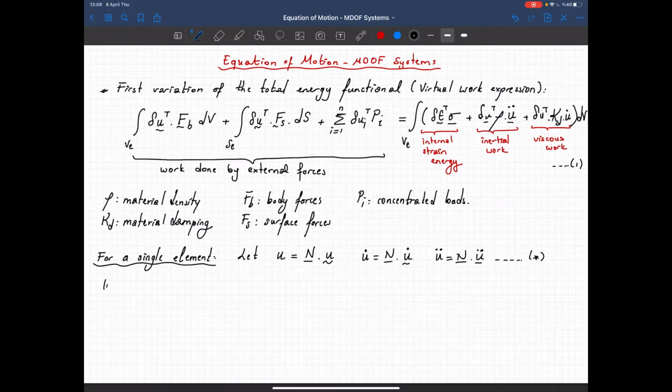So inserting star into equation 1 leads to, so I'm just taking in parentheses, I have the first variation of the displacements.